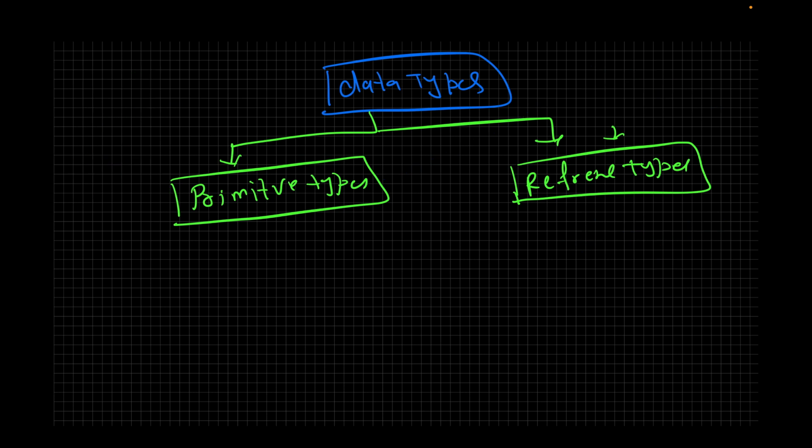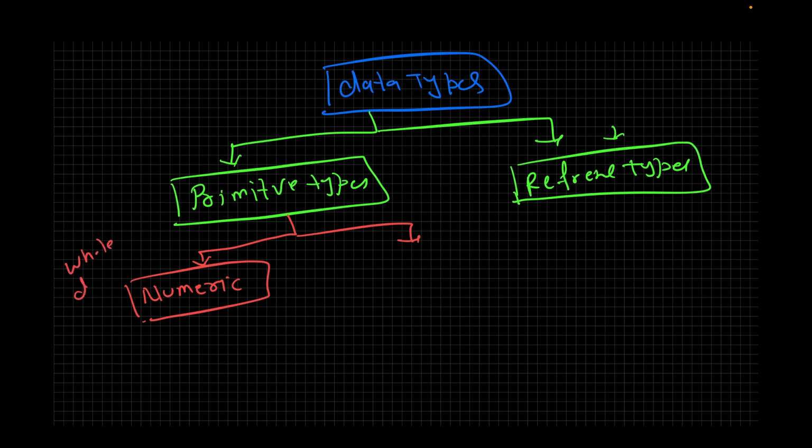Okay, all right. So now on a high level, we can further subcategorize primitive types into two subcategories. Number one is numeric, which is like whole numbers and decimal values, and then we can also categorize the other part as non-numeric, right?